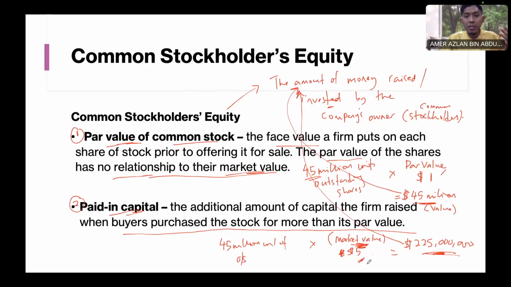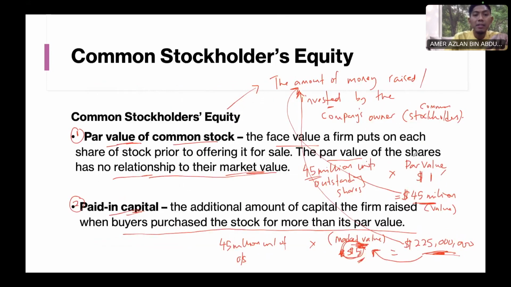When you want to purchase the company stock after it has been sold for the first time, you will purchase it at the market value. So this 225 million is the capital raised when investors bought the shares at the market price, not at the par value.